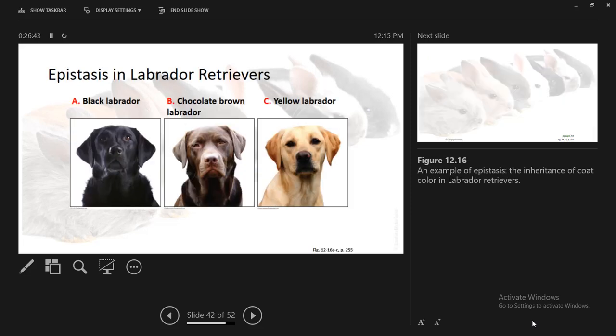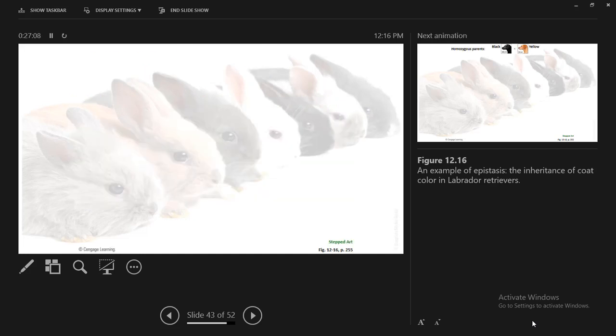So here we have fur color in Labradors. And we have black labs, we have chocolate labs, and we have yellow labs or blonde labs. Okay? And so we've got three different options, and you're like, oh, this is going to be a single locus with three alleles. But it's not. It's two different loci, two different genes. And let me show you how it works.